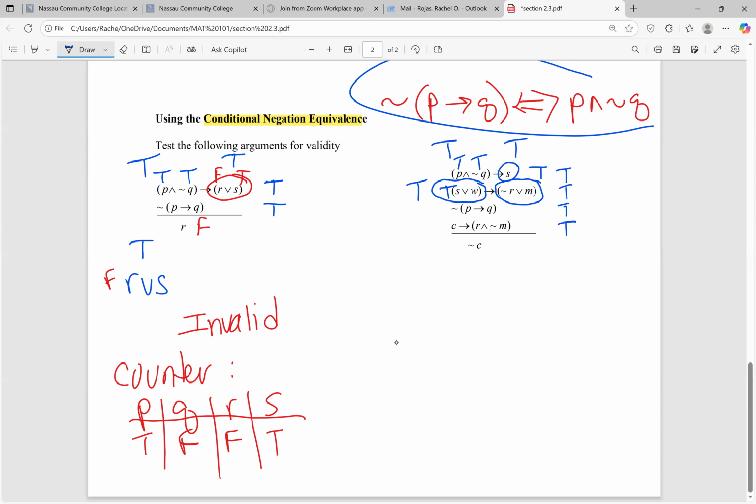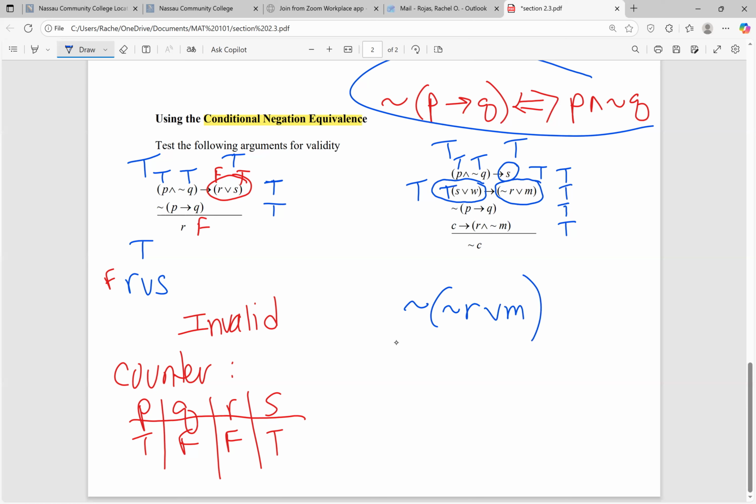But what I'm thinking is, because I know that that statement is true, right? Not R or M, that disjunction for the right-hand side of that second premise. I know it's true, even though I can't tell yet what not R or M have to be. But I also see an R over here and a not M over here, and it's not an or anymore. It's an and. So I'm thinking, maybe this is De Morgan's, right?